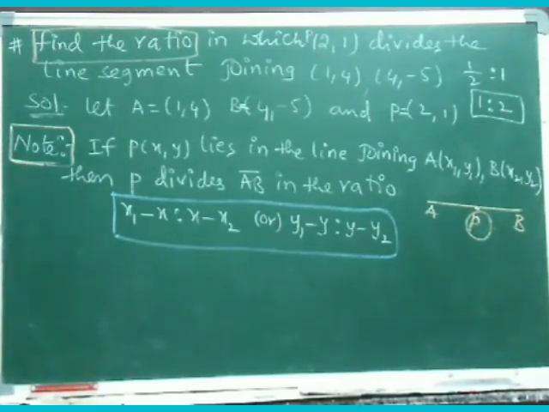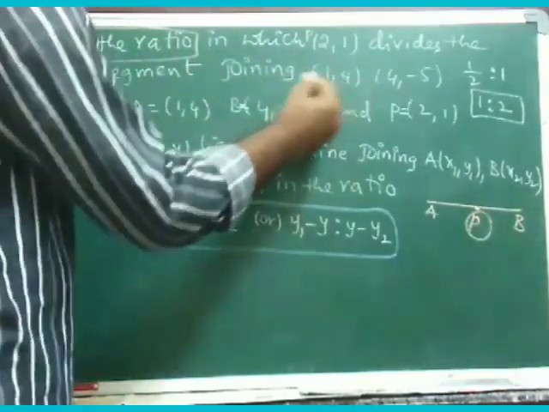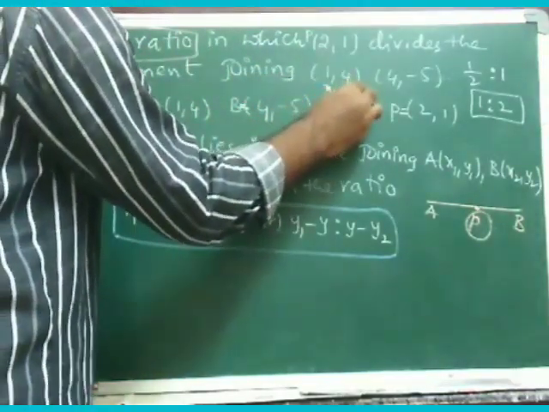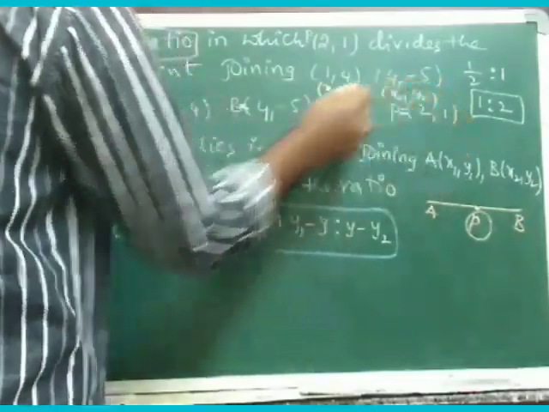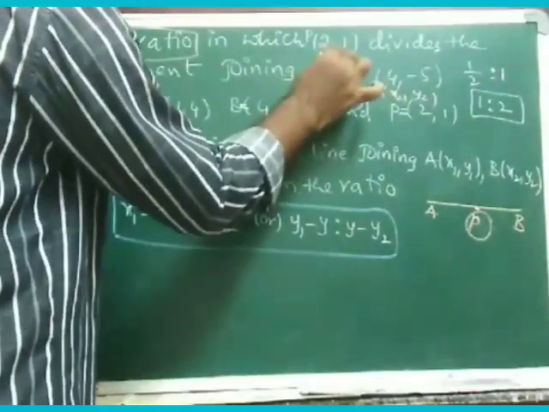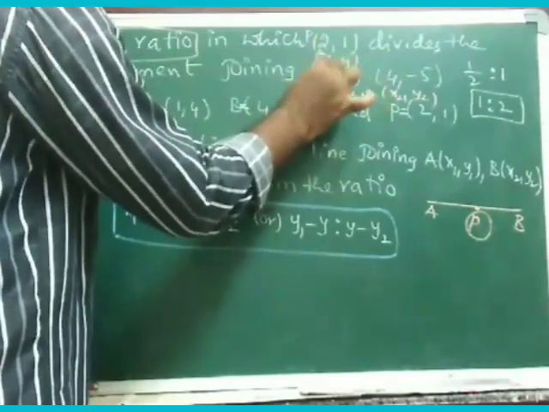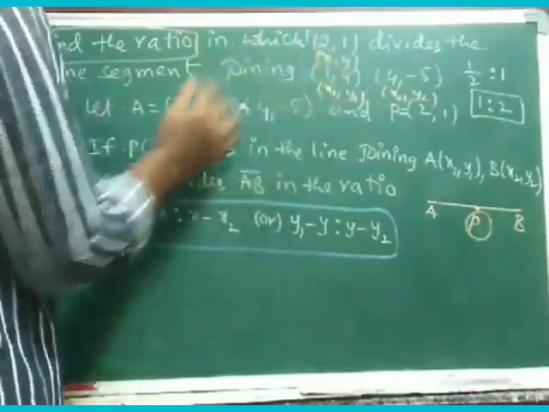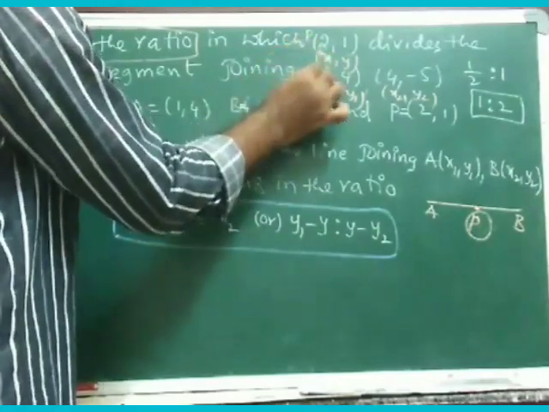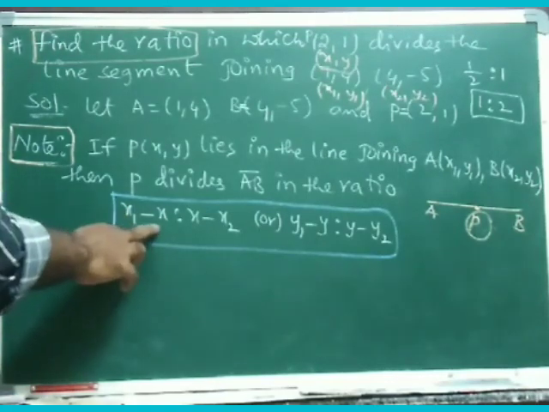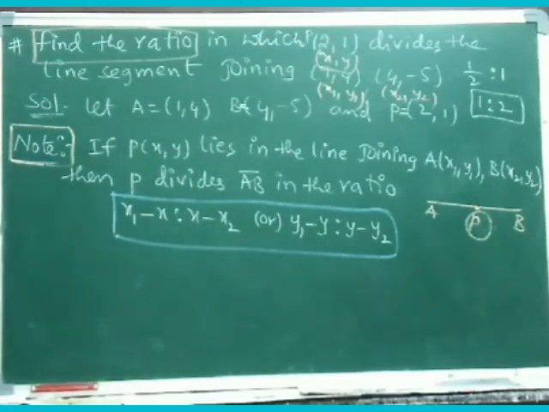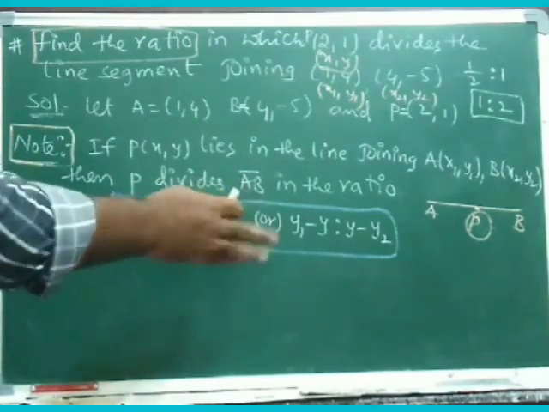Now coming to the question here. Clearly these are the end points, hence these are (x1, y1) and the second one is (x2, y2). And the point which divides is obviously (x, y). So this is very, very important, my dear. Always the point which divides, you need to assume it as (x, y). Now coming to the formula, x1 - x is to x - x2, or y1 - y is to y - y2. Any one formula you can apply here.